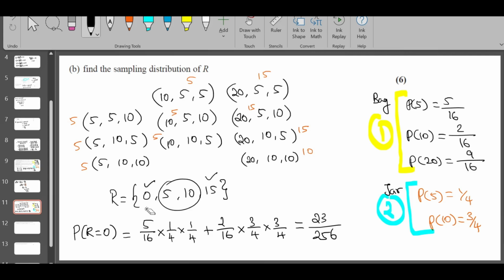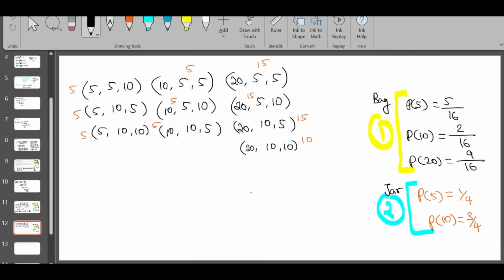So we know these 2 probabilities now. Let's find the probability for 5 and 10 now. Okay, I have copied the whole thing here. Now probability of R is equal to 10. How many combinations with 10? Range 10, that's just only 1, right? So 20 comes from the bag. So 9 over 16. The other 2 10s are coming from the jar, actually. So 3 over 4 times 3 over 4.